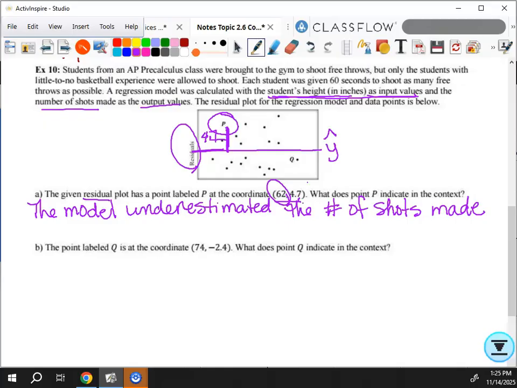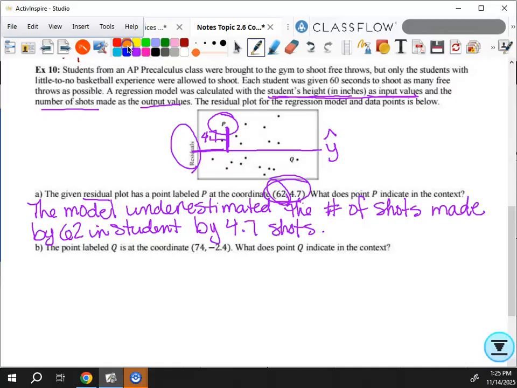No. And this point, that ordered pair itself only tells me about the number of shots made by the 62-inch student, by 4.7 shots, which you can't have a part of a shot anyway, but when it's a model, the numbers aren't going to come out beautifully. Okay, does that make sense to you? That's what that's actually representing there.